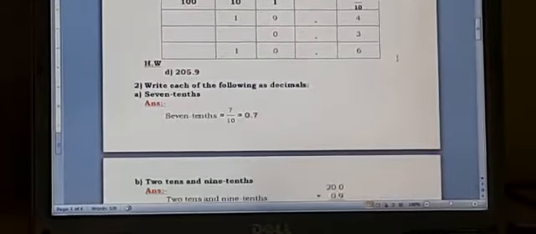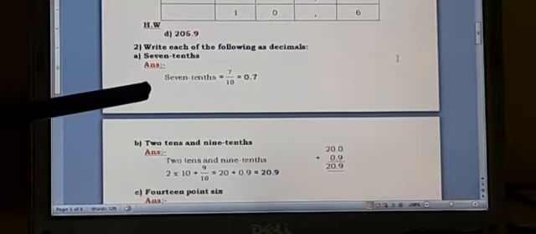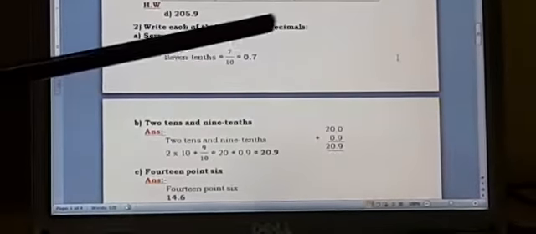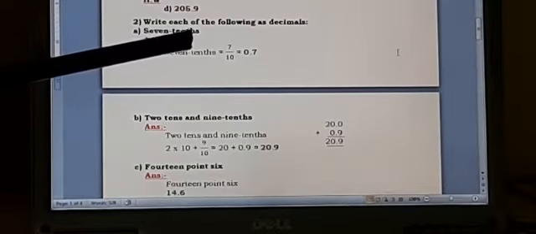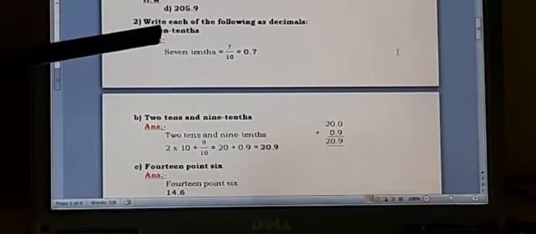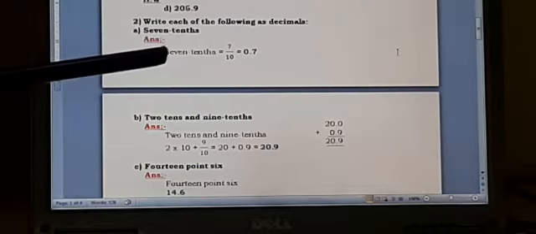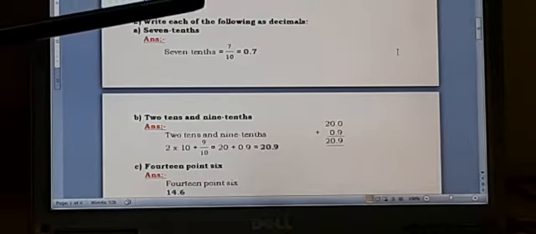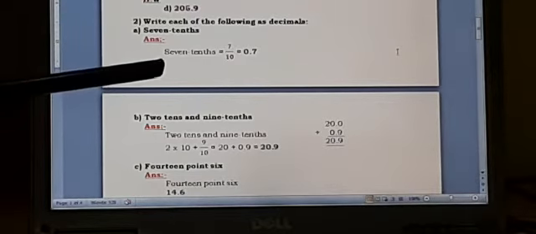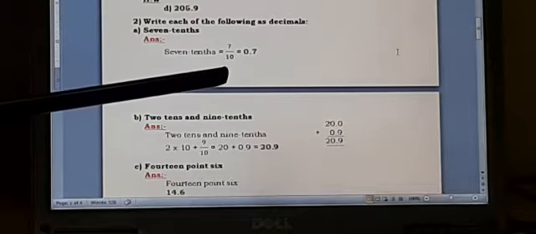Next question. They have given it in words. We have to write it as a decimal. The question is 7 tenths. See the question properly. 7 tenths. Tenths, already I have told in the table. Tenth means 1 by 10 should come. So 7 tenths means 7 by 10.